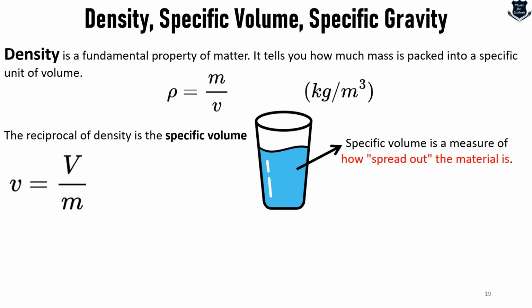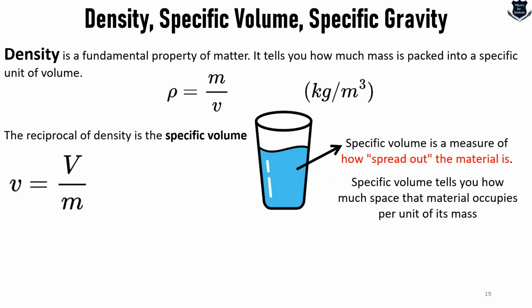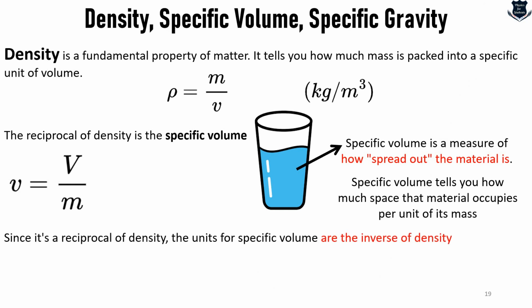Remember, specific volume is a measure of how much space the material occupies per unit of mass. In simpler terms, it tells how spread out the material is. That is what we call the specific volume. It is calculated by dividing the volume, capital V, of a substance by its mass, small m.